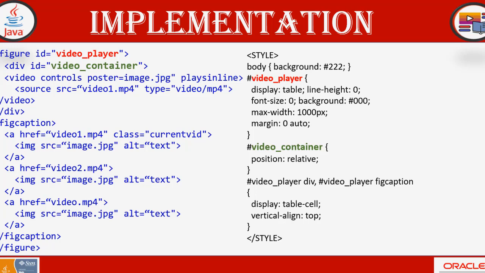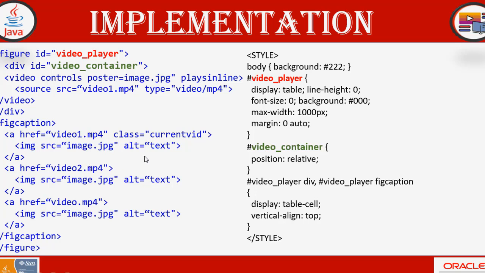That's how HTML identifies every object and element and designs accordingly. You can design it differently. Now, in the figure caption, you can mention the source of the video with the class, current vid, and image source for a thumbnail and other parameters.